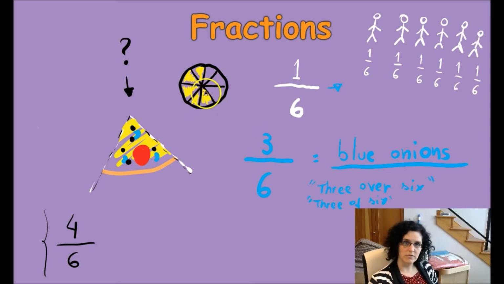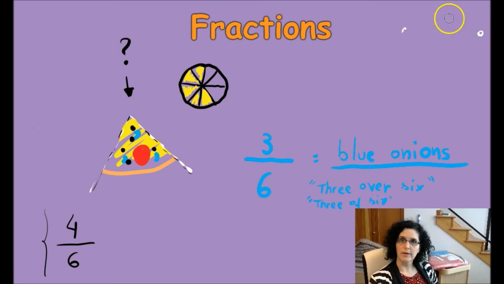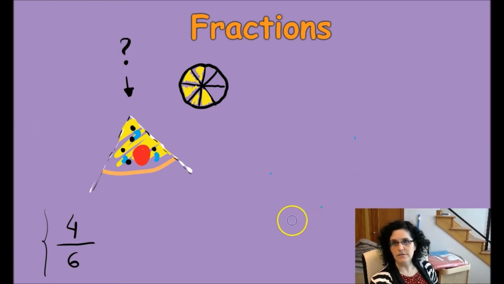So, for instance, I just made a new pizza, and I cut it completely differently. Look at that. Let's take out my friends from here. Woo! No more friends. And we have something now that is divided in how many?